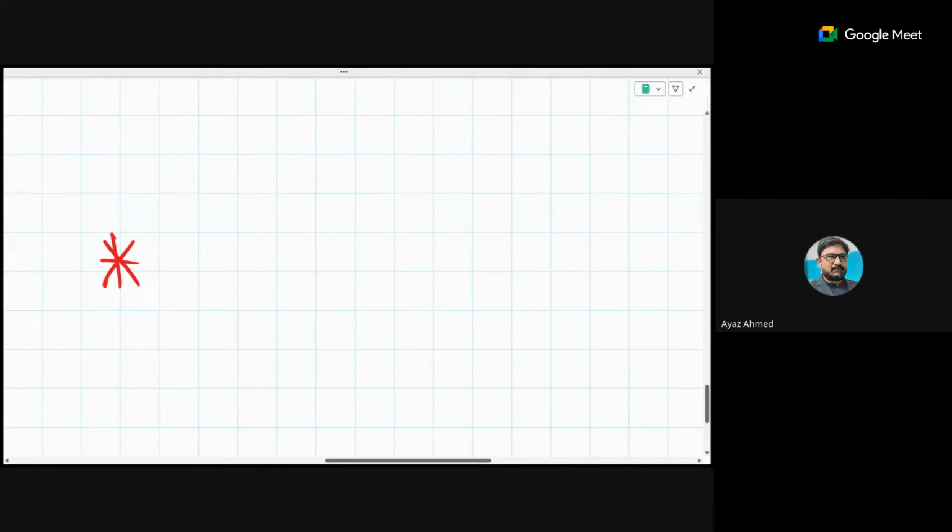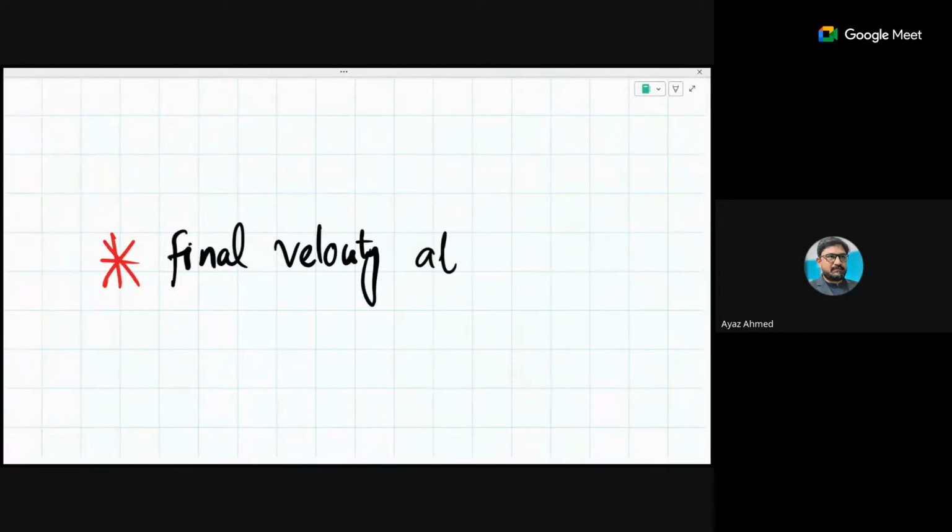Now let's move towards the final velocity at any position. When you have to find the final velocity at any position, you know it has two components of the velocity.